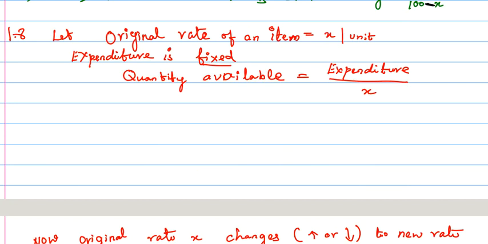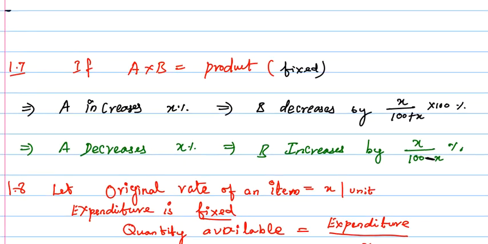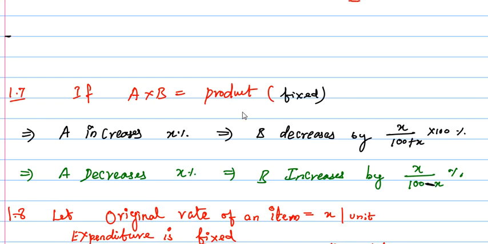So here I have used the previous formula, but here I have taken the product as fixed. In two variables, the product of two variables, as we already defined, A cross B equals product. I have taken the product to be fixed.